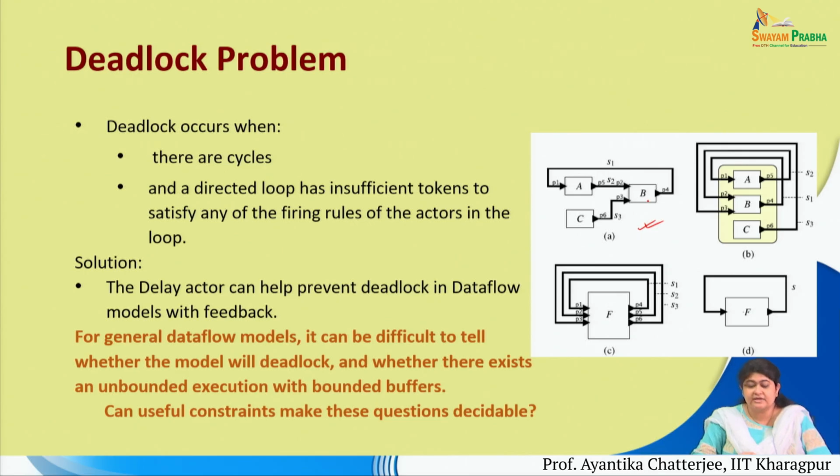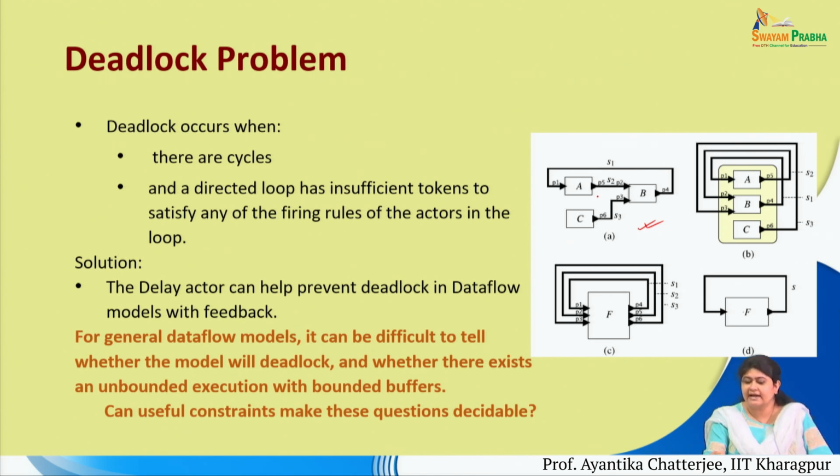Okay. So if we consider that in terms of data flow, basically B is dependent on A for some input data, whereas A is also dependent on B for some input data.